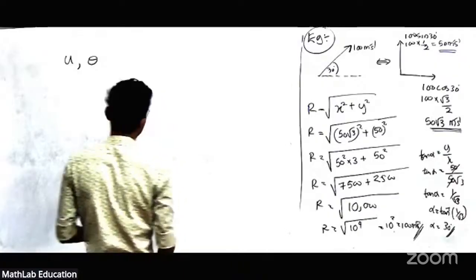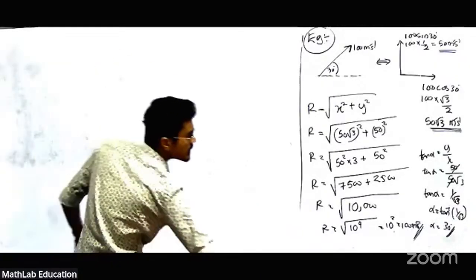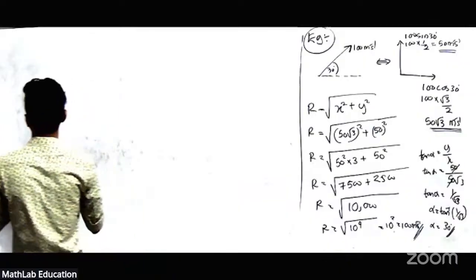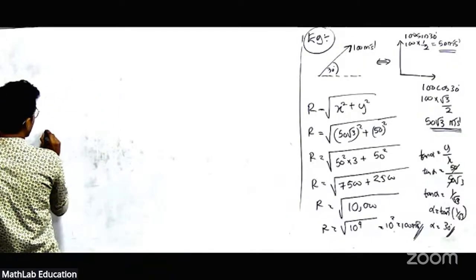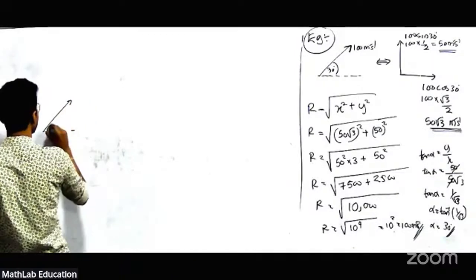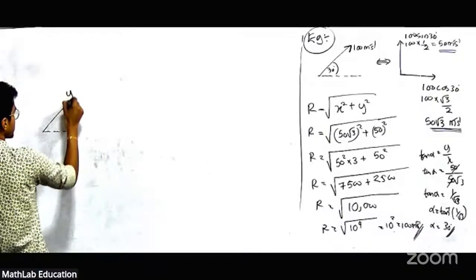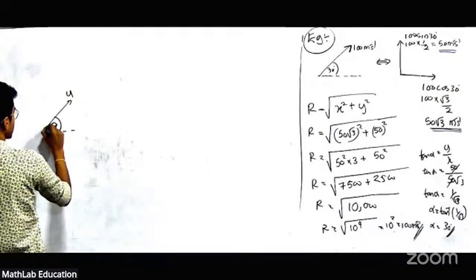Look here. Now I'm going to consider a projectile projected with initial velocity u at an angle of projection theta to the horizontal, something like this.